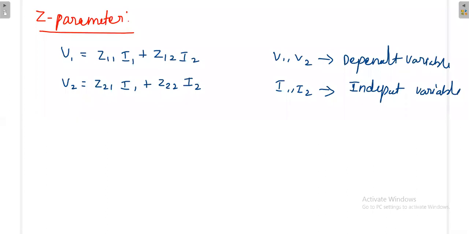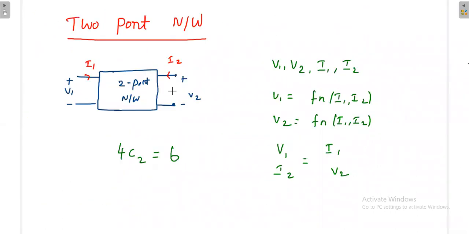Okay. So then from this, how to calculate Z11? If I want to calculate Z11, that is equal to V1 by I1, that is possible when I2 is equal to 0. I2 equal to 0 means the current at port 2 is 0. Suppose in reality there is some load here, then you have to remove that load, you have to open circuit, because in a practical circuit you'll have some source and some load.